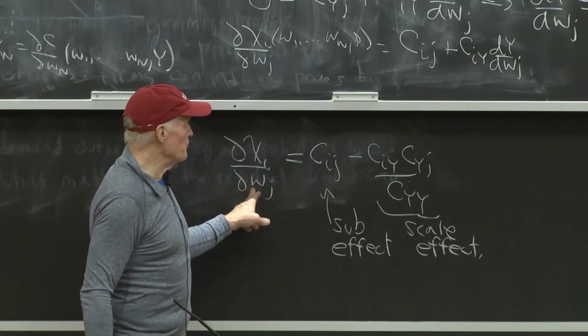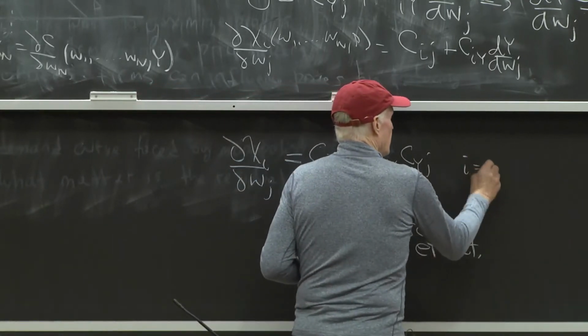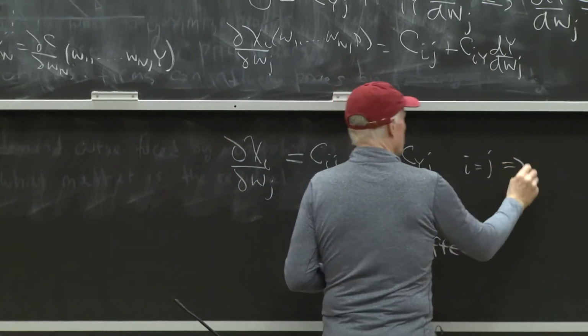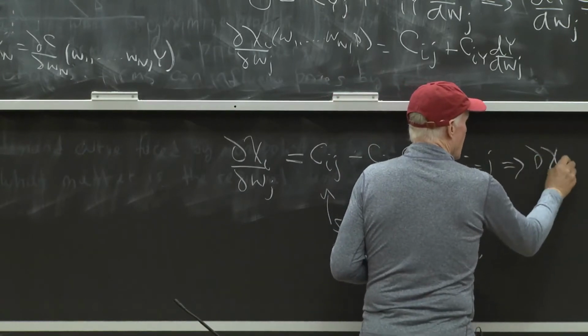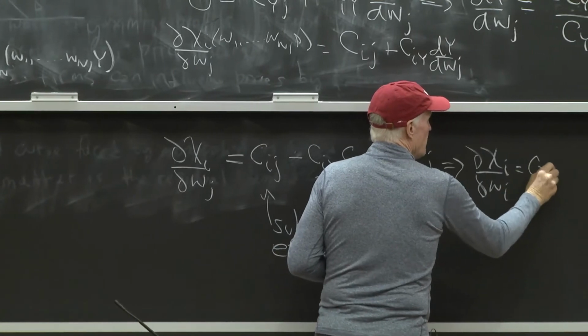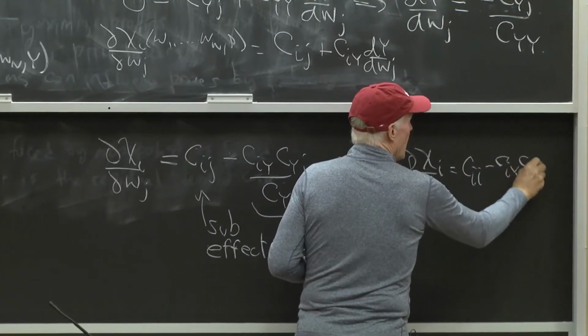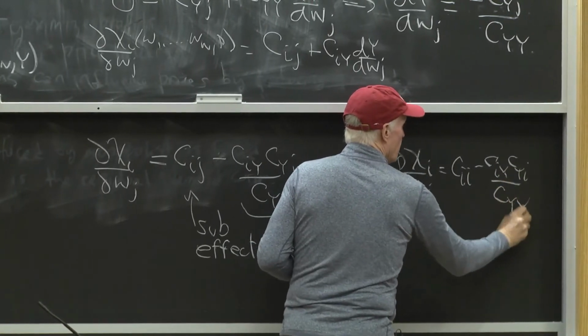Now there's an important result. If I set i equal to j, this formula becomes partial xi partial wi is Cii minus Ciy Cyi over Cyy.